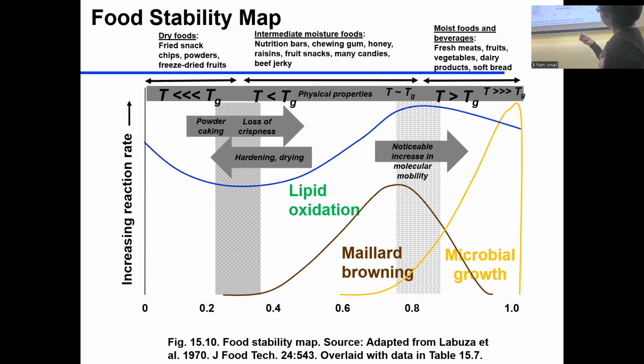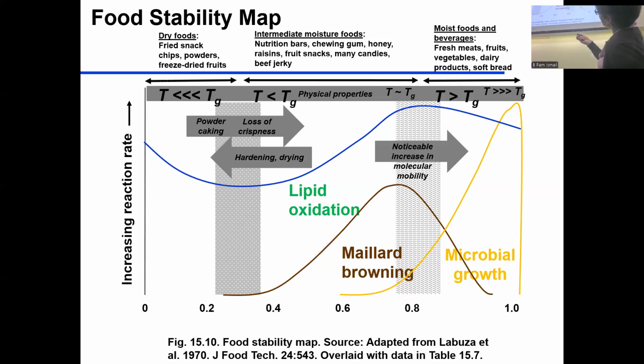components. Dry food, for example, like snacks, like chips, powders, freeze-dried fruits, then intermediate moisture food, nutrition bars, chewy gum, honey, and so on. And then high moisture food and beverages like fresh meat, fruits, vegetables, dairy products, soft drinks.